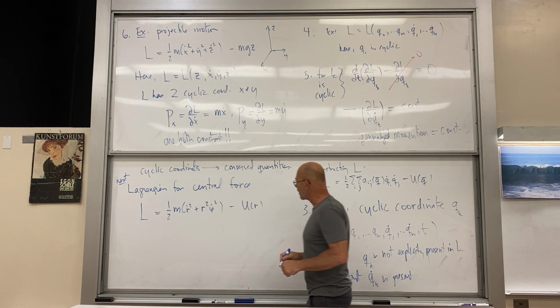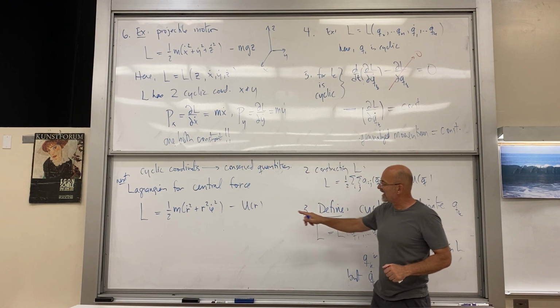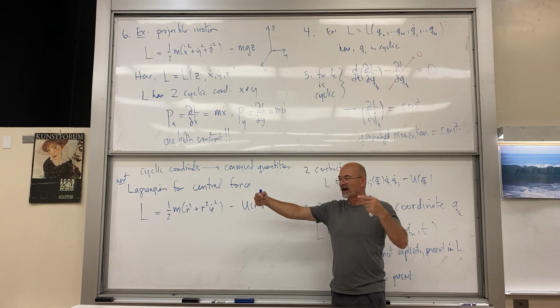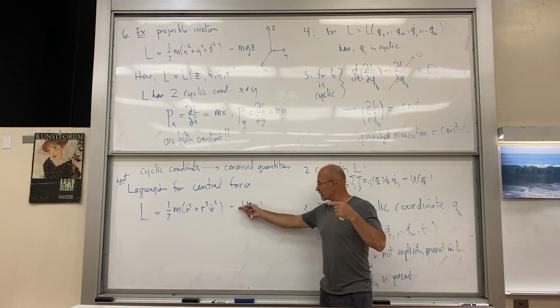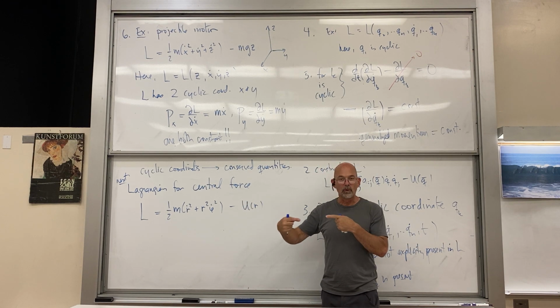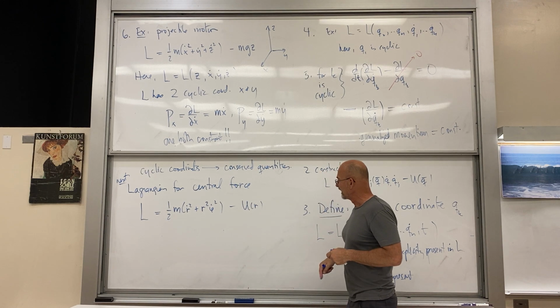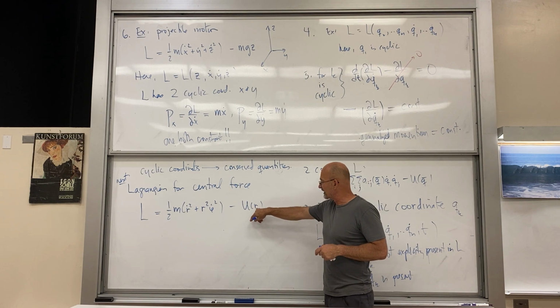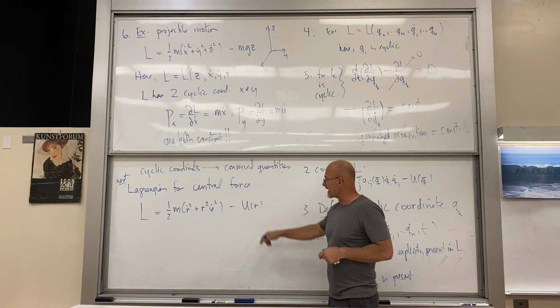So in the central force, we had a force F directed towards the origin, in the reduced case. And in plane polar coordinates, you just have U of r like that.